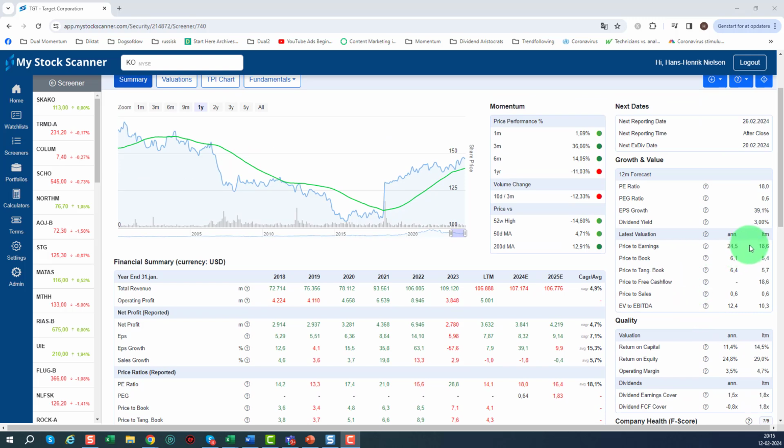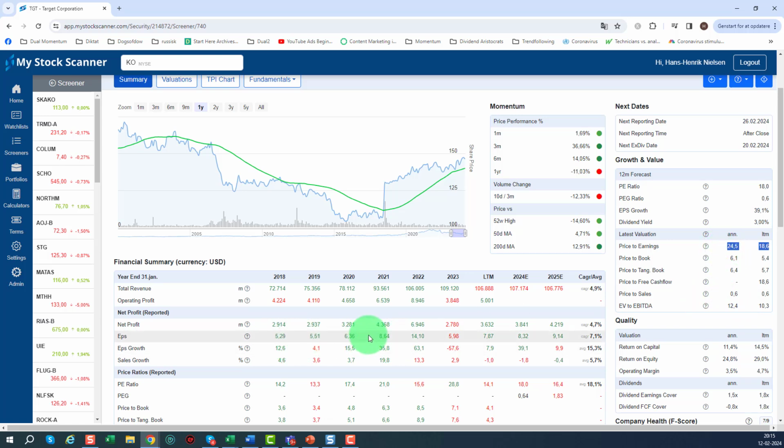Now, the price earning on an annual basis, meaning the last yearly earnings report, was 24.5, meaning investors were willing to pay $24.50 for each dollar of profit. On the last 12 months, meaning the quarterly earnings reports, it would only be 18.6, so it has been dropping a bit. So it is somewhere between 18 and 24, that is the number we will be looking at.